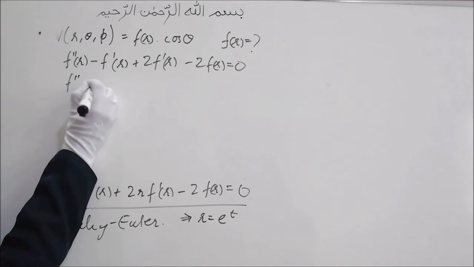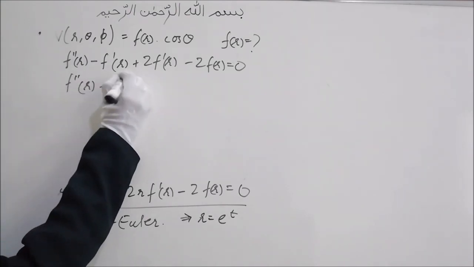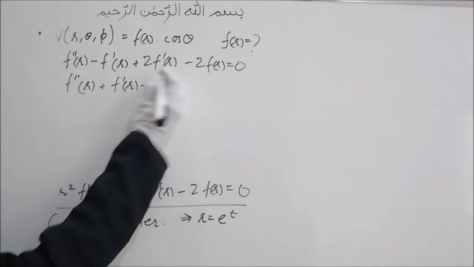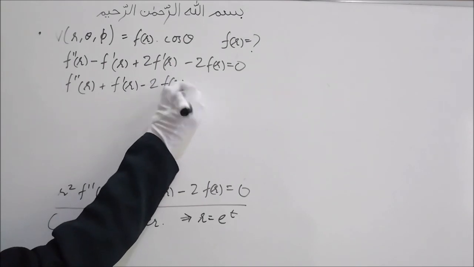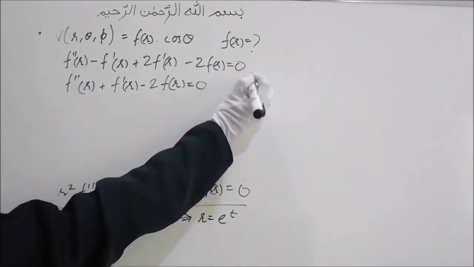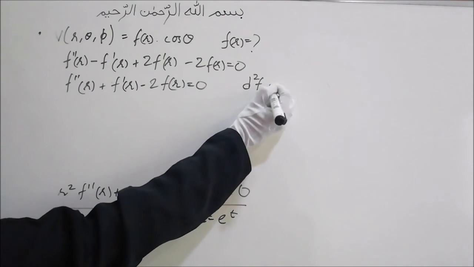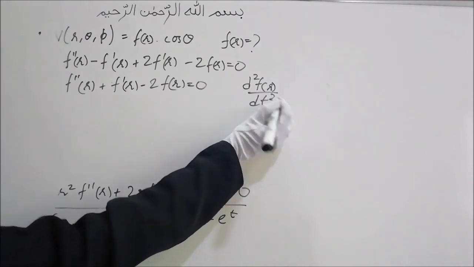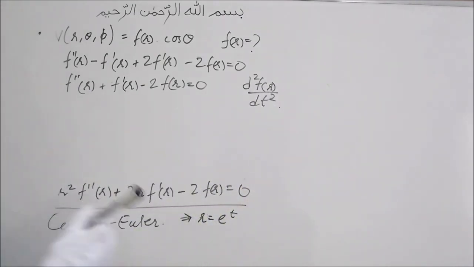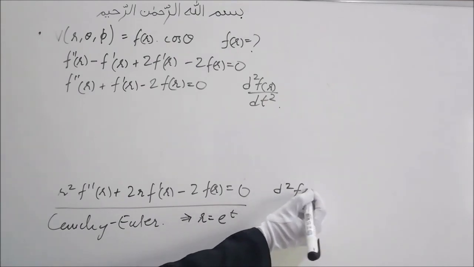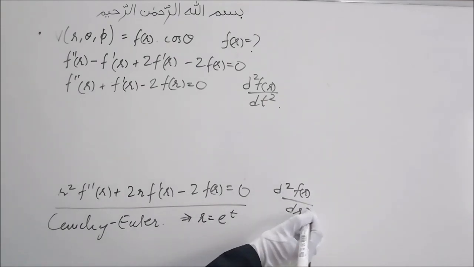So we'll have F double dash plus F dash minus 2F equal to 0. This F double dash here is d square F by d t square, whereas earlier F double dash of R was d square F upon d R square.